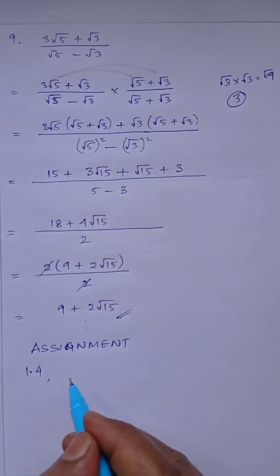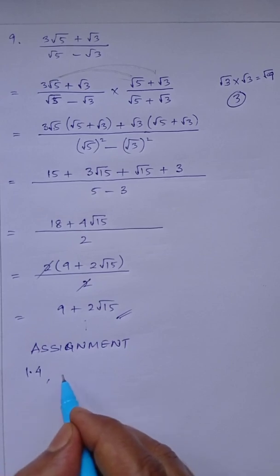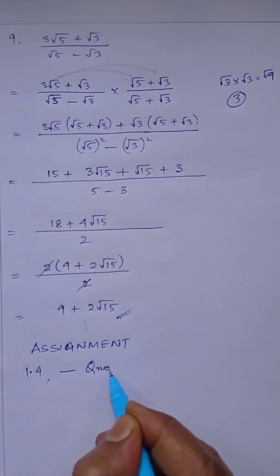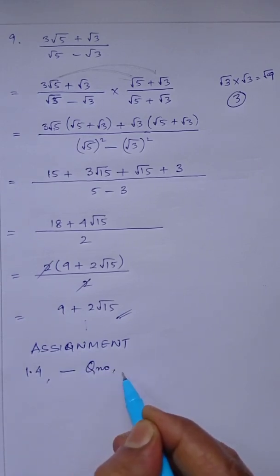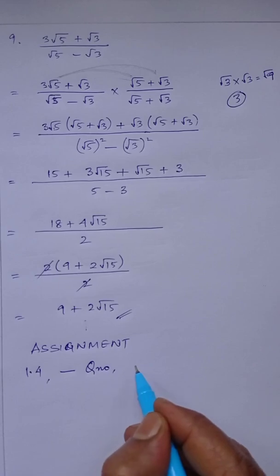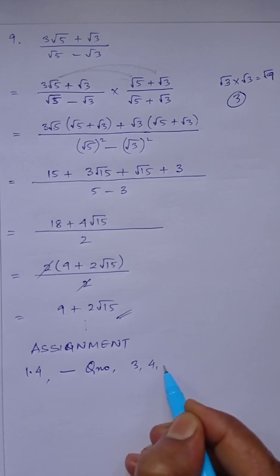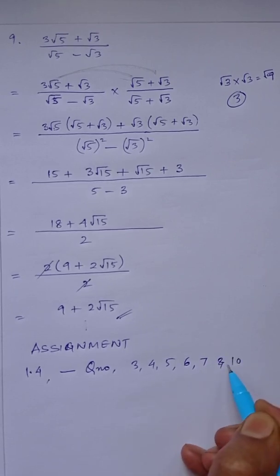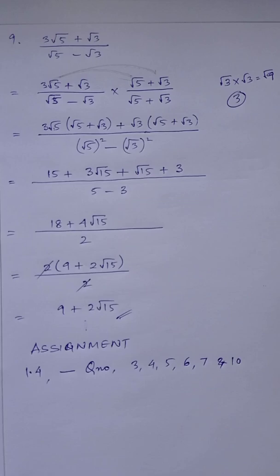I'll send you the picture later on, but you have to know the question numbers: 3, 4, 5, 6, 7 and 10. These are of the same type, rationalization of surds.